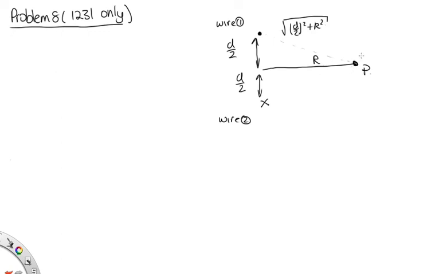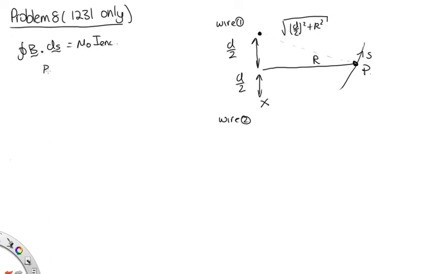And what we'll need to do is draw a path. Let's draw our path going in this direction, so that's the direction of the path. And then if we integrate around that path, the integral of B dot ds is equal to mu naught I enclosed.